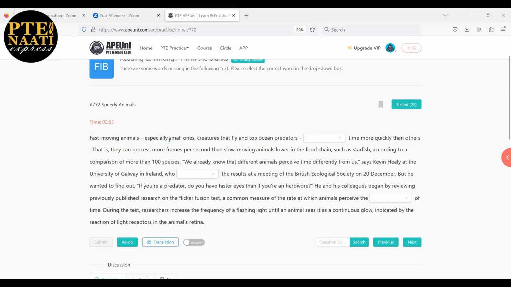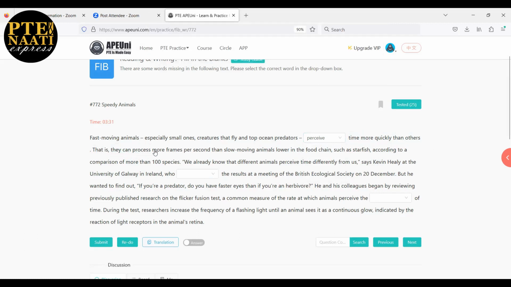Fast-moving animals, especially small ones, creatures that fly and top ocean predators, perceive time more quickly than others.